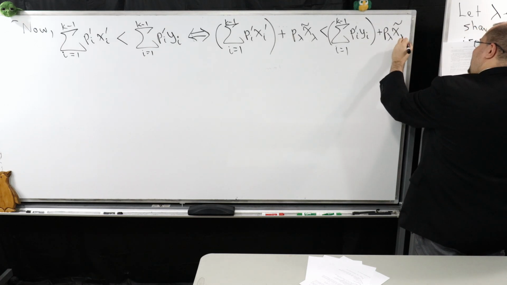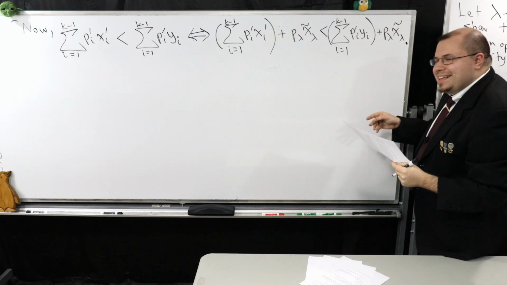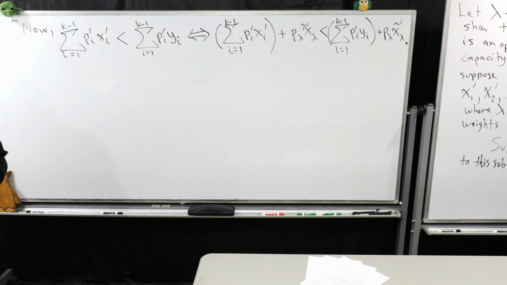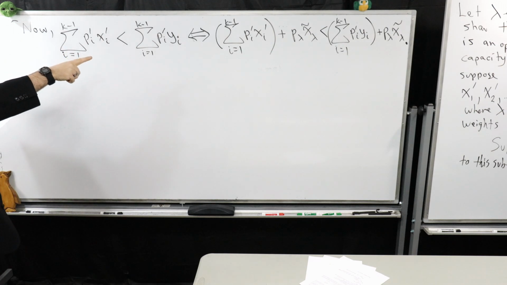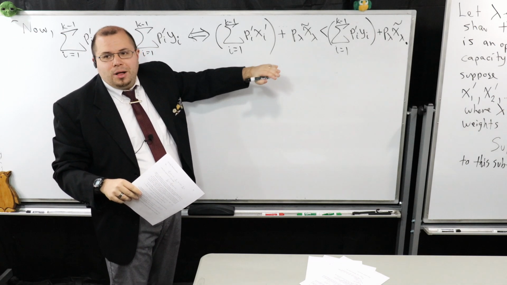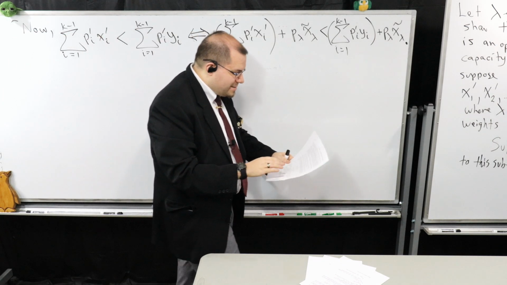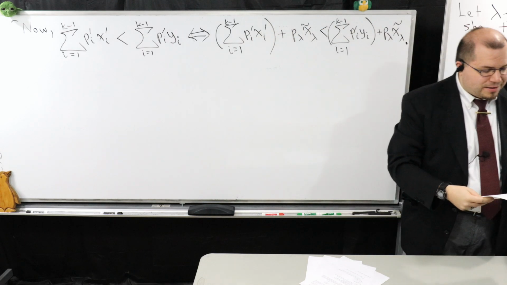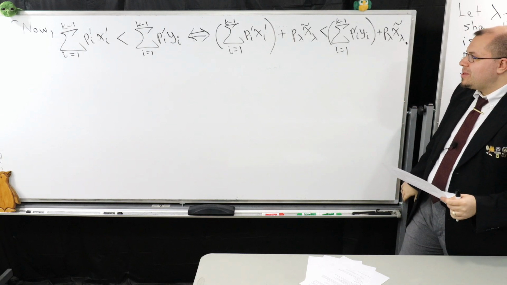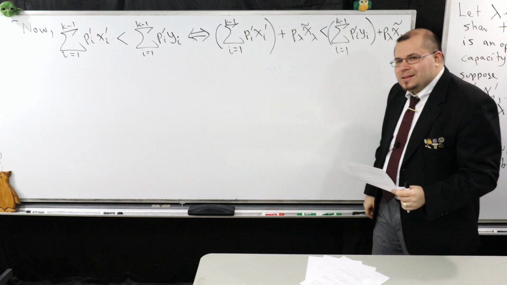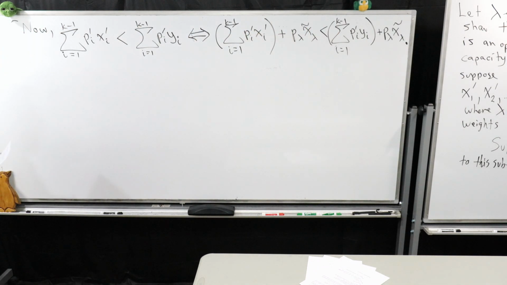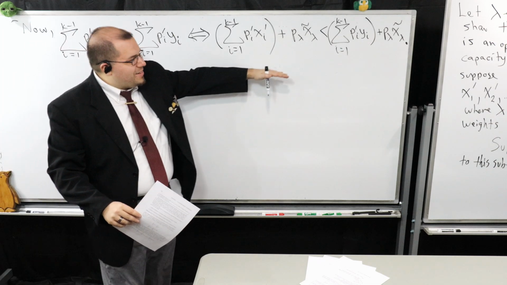So I have a question for you. If I were to put in, I added that term over on that side. What could somebody tell me about this left side of this inequality? What's sitting right here?